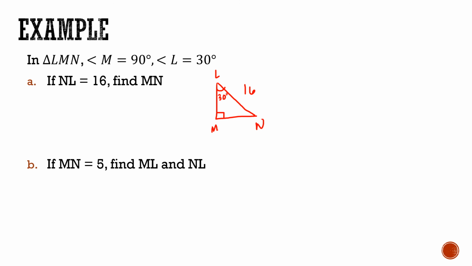Since this is the 30-degree angle and that is opposite of MN, that means the measurement of the shorter leg is half of the measurement of your hypotenuse. So NL is equal to 2 times your MN, therefore MN is equal to 1/2 of your hypotenuse.